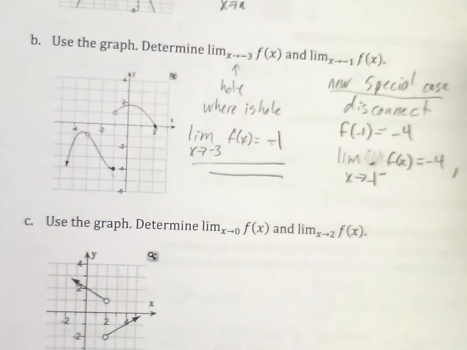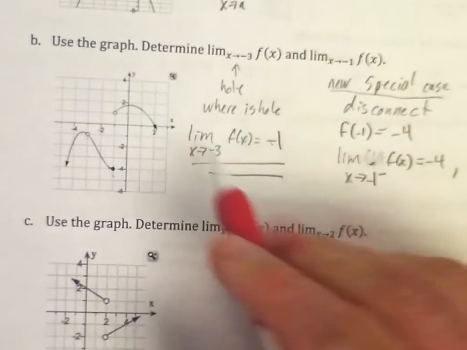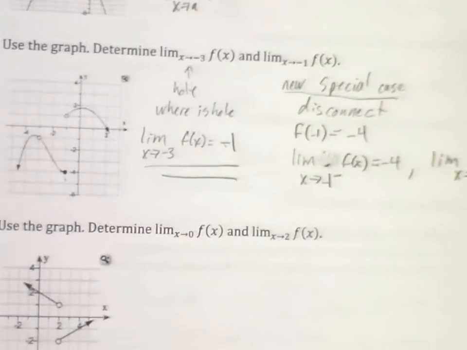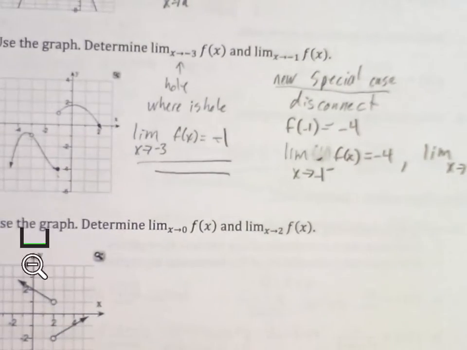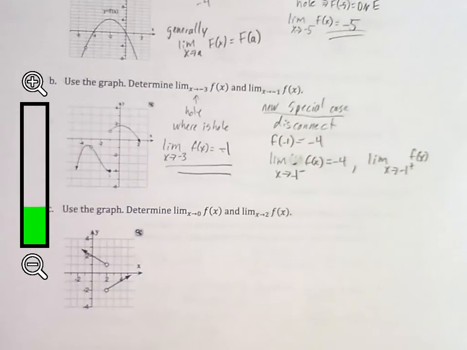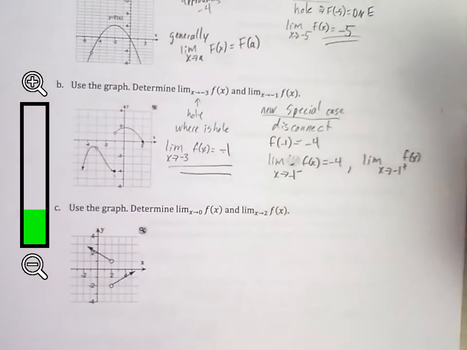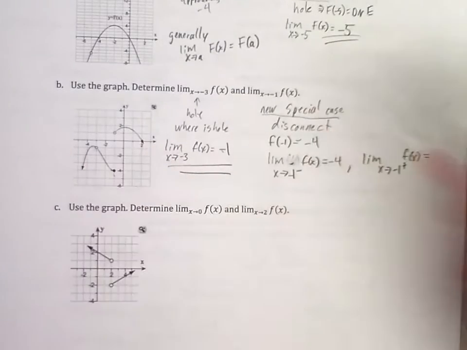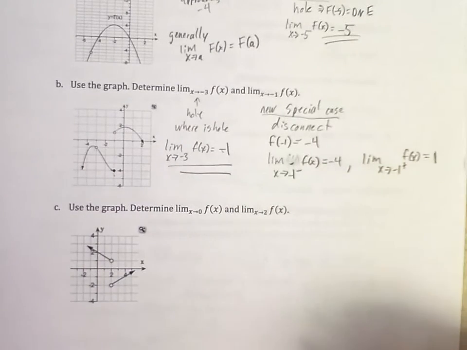The limit as x approaches negative 1 from the positive side, coming from this side of f of x, let me just zoom out a little bit so we can get the entire width of the page. This value, if I'm walking along it this way, I actually get positive 1.